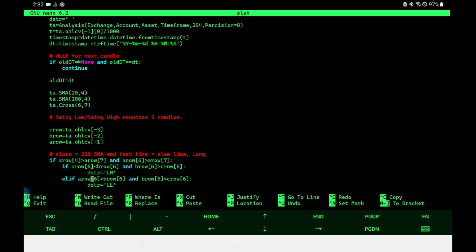Conversely, if A of the 20 period moving average is greater than B of the 20 period moving average, and B of the 20 period moving average is less than C of the 20 period moving average, that is, we have a V shape.